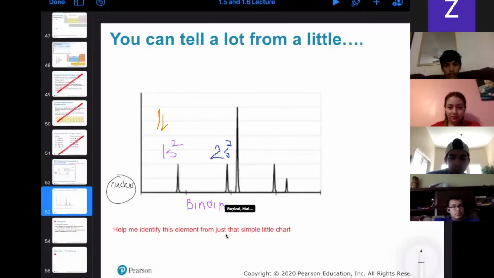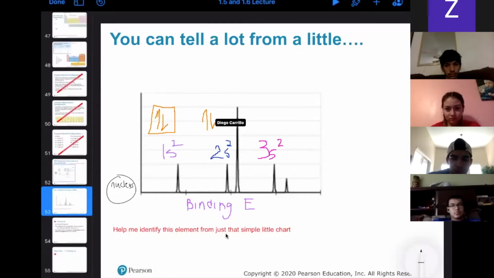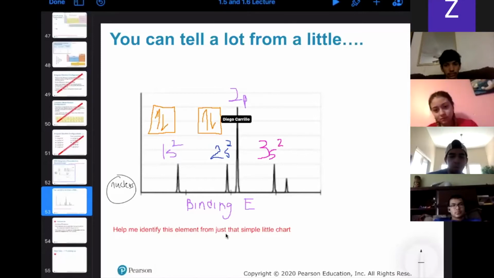Malachi's labeling the x-axis. Vlad is also doing some configurations and orbitals up there. Good, we're remembering Hund's rule and Pauli's exclusion principle.